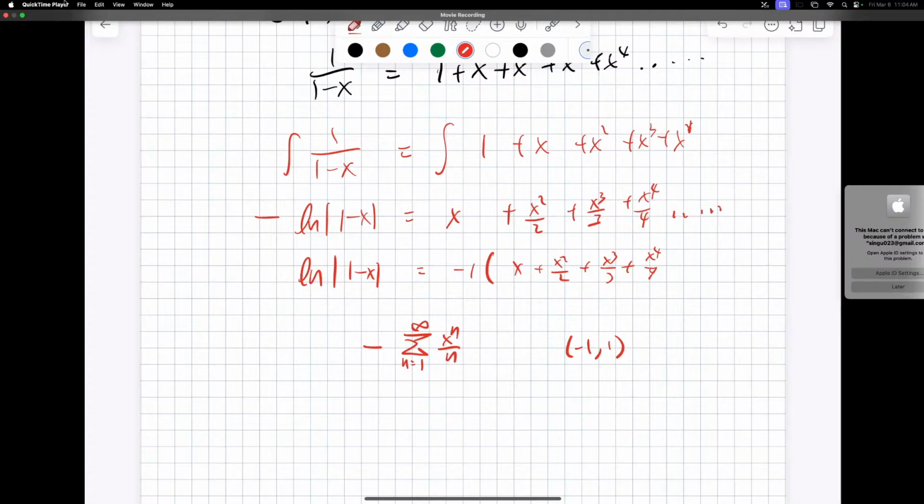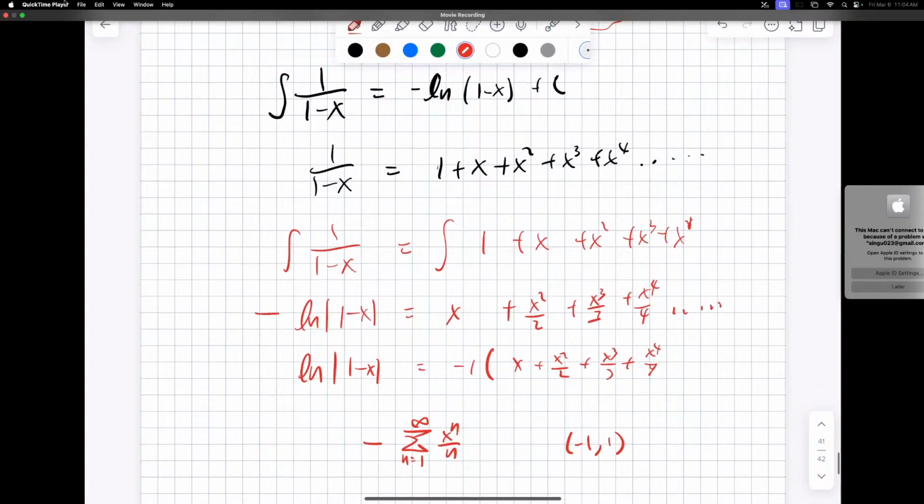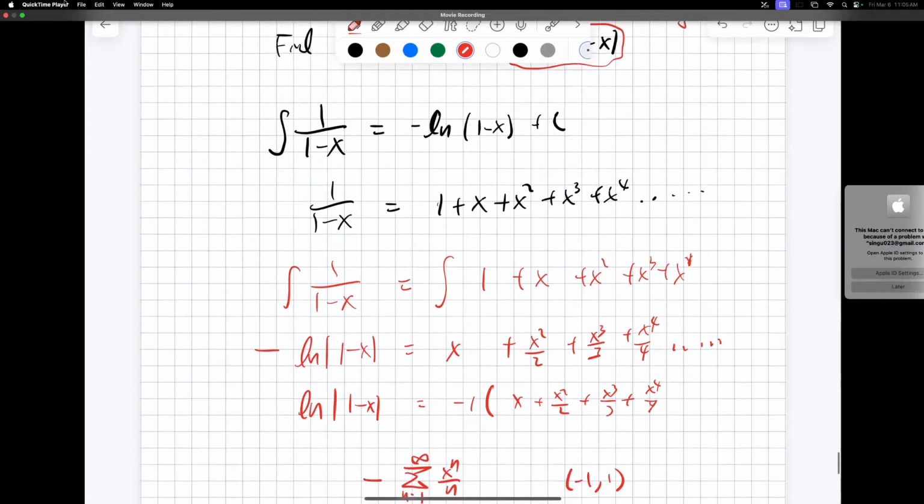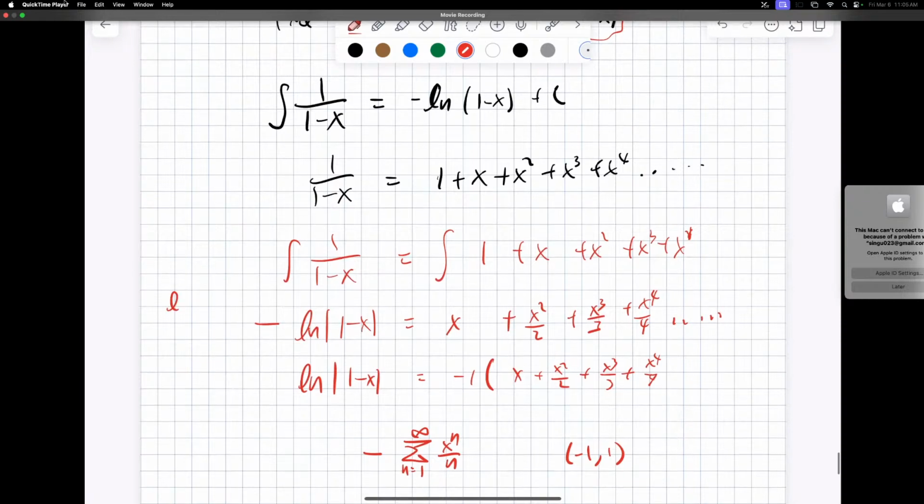Plug in 0, because for 0 we know the outcome. So let x equal 0. What happens?